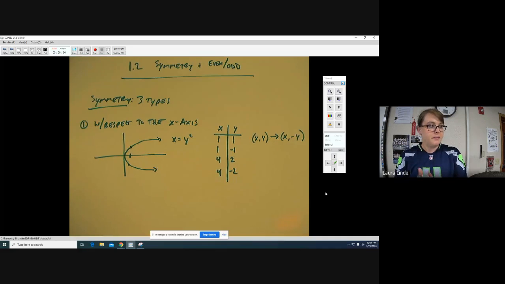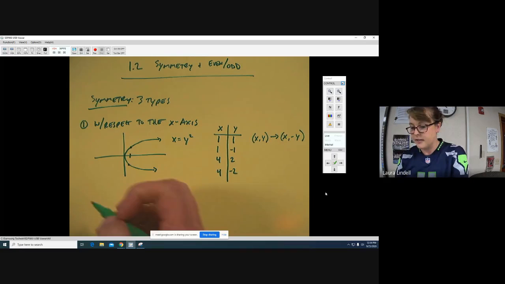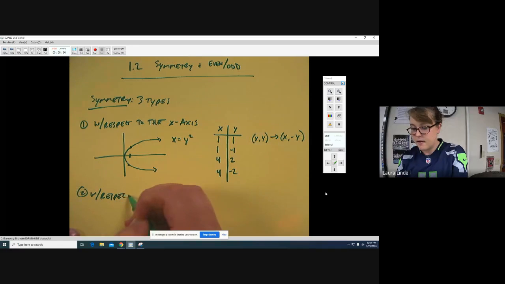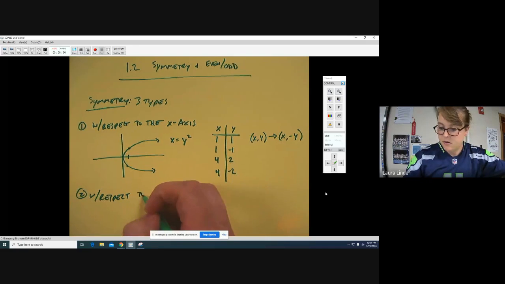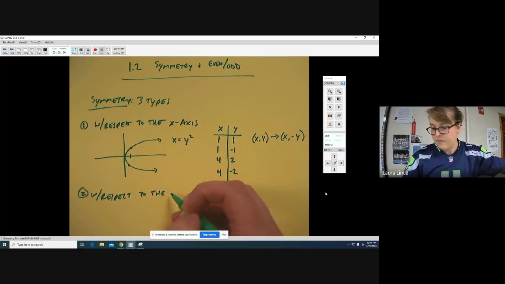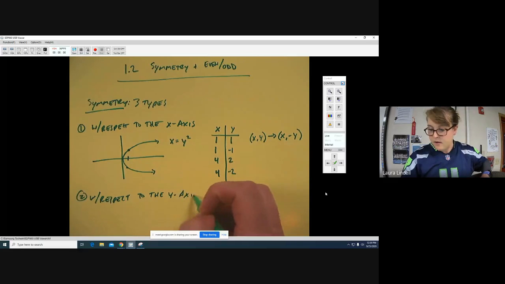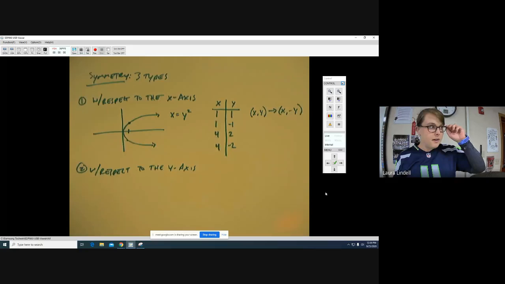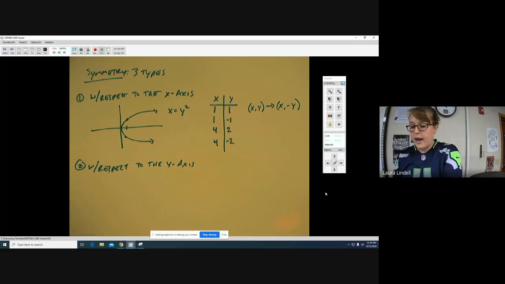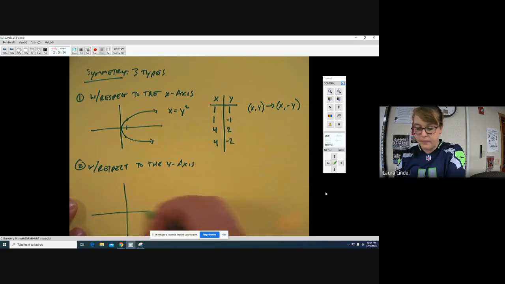Okay, so that's symmetry with respect to the x-axis, and then we also have symmetry with respect to the y-axis. That's the second type. Symmetry with respect to the y-axis is going to be if you could use the y-axis as a line of symmetry for your function.